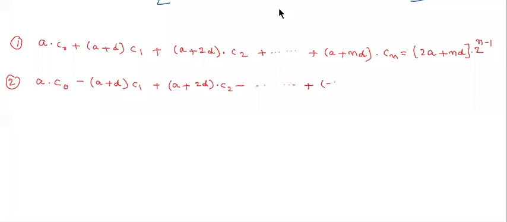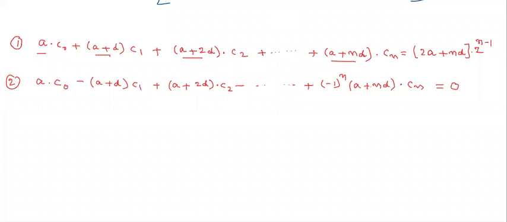Minus 1 whole power n into (A plus ND) into Cn. So here plus minus alternative is there. The sum of the terms is 0. And here observe that A plus D, A plus 2D and so on, A plus ND, these are in AP series. Yes or no?